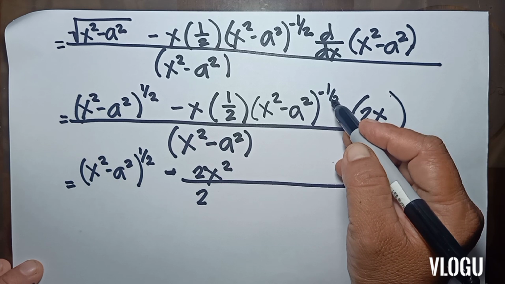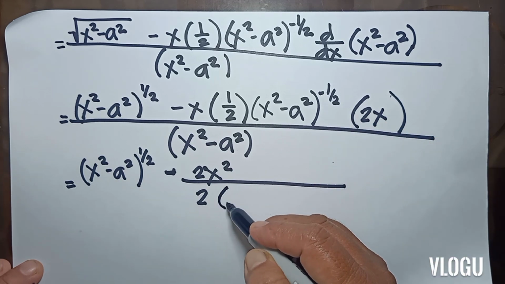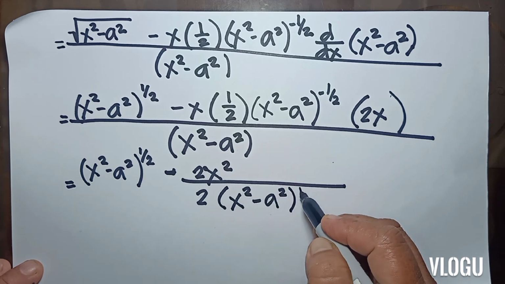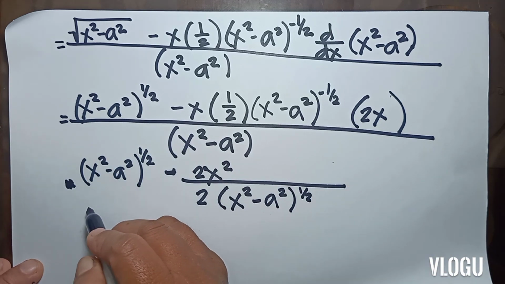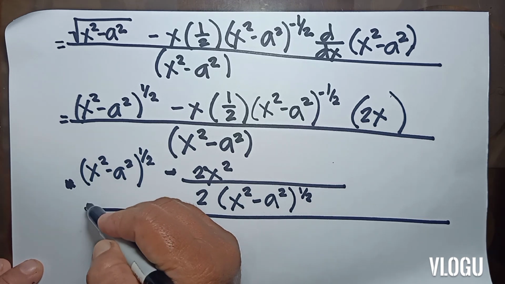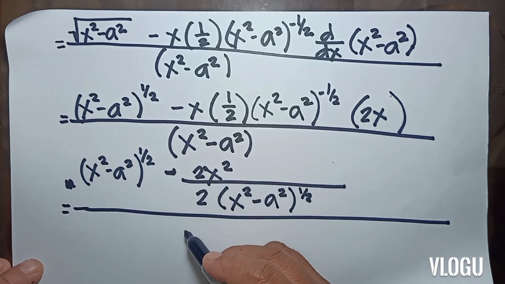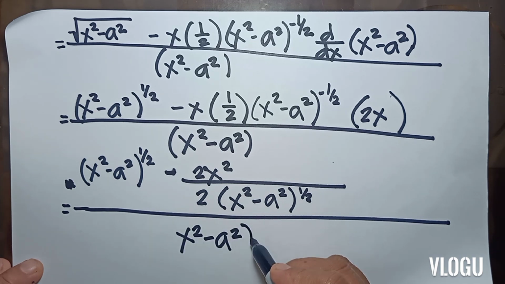Then you bring this down, this could be positive, so we will have x squared minus a squared raised to 1/2, all over x squared minus a squared.